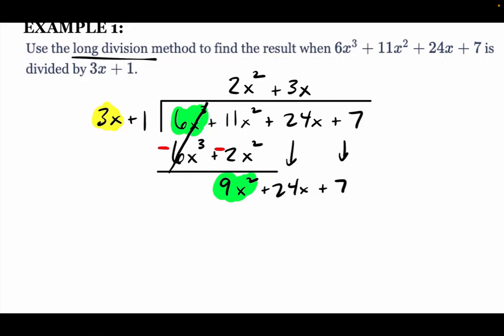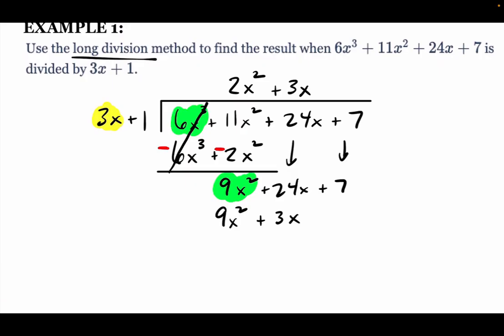Multiply. 3x times 3x, 9x squared. 3x times positive 1, 3x. Anything times positive 1 is always just going to stay the same. Don't forget about the next step, opposite.